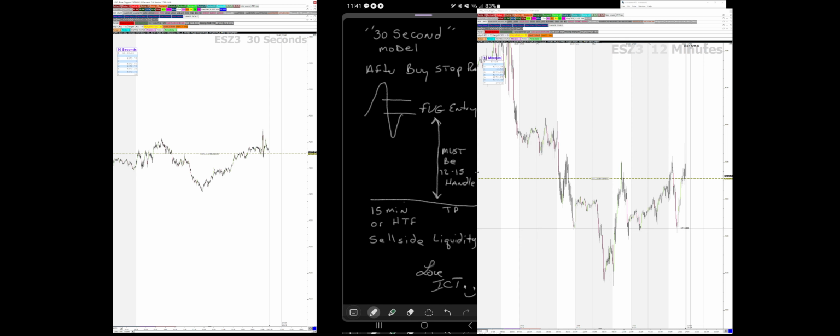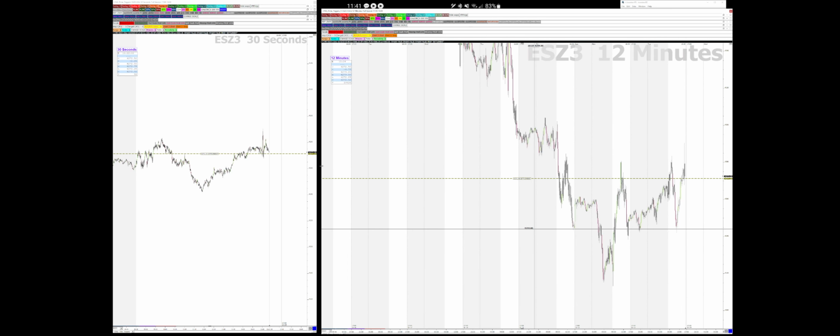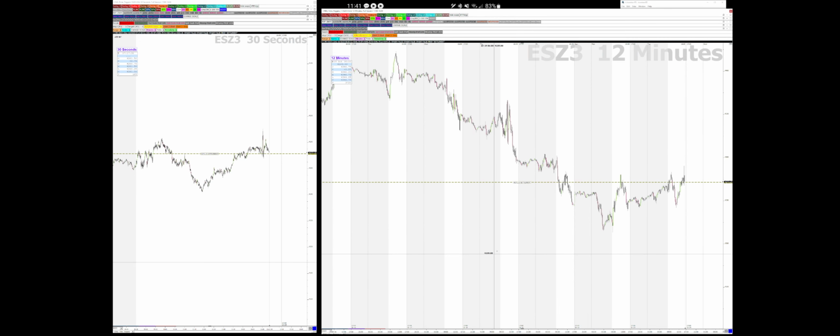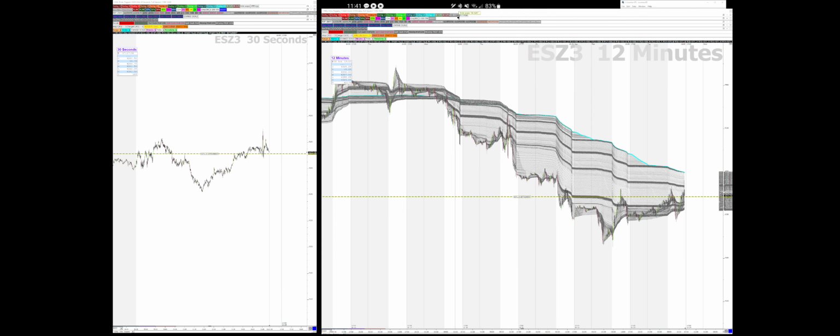And so, I VWAP pretty hard. I'm just going to give you a little view of what I'm talking about when I say hard. I VWAP really hard. These are individual VWAPs, and we'll get into that later.